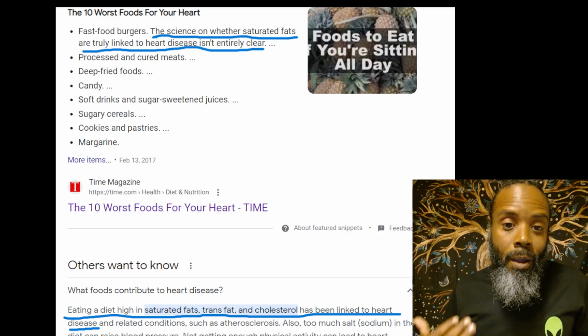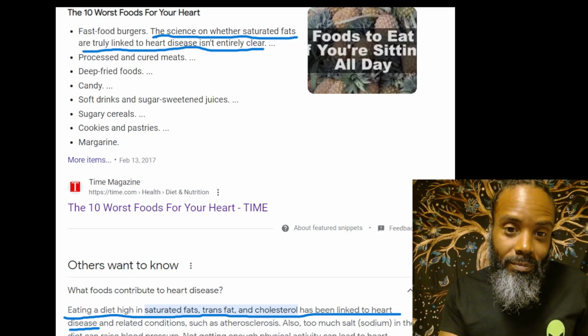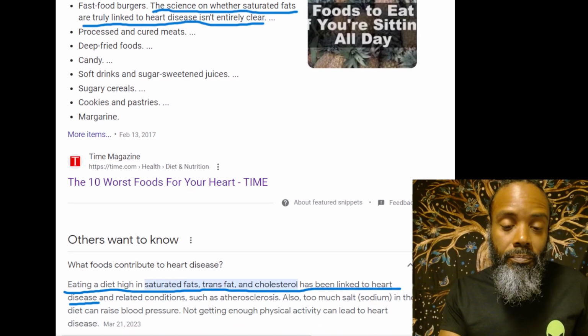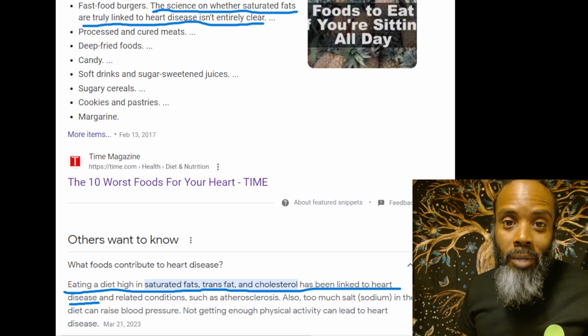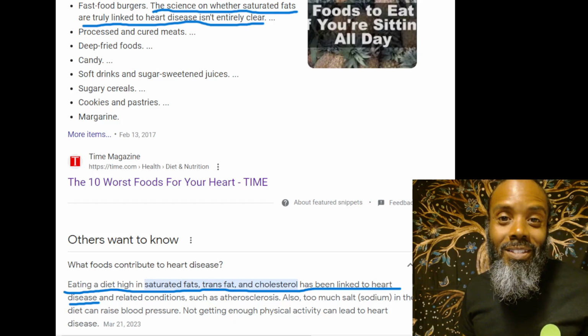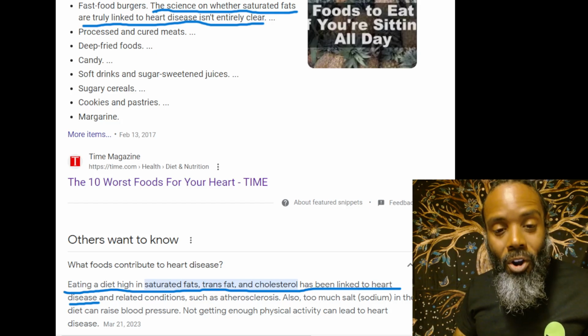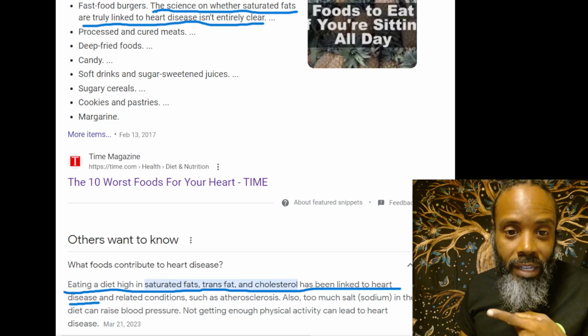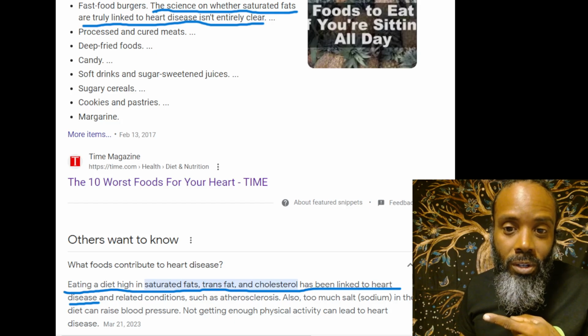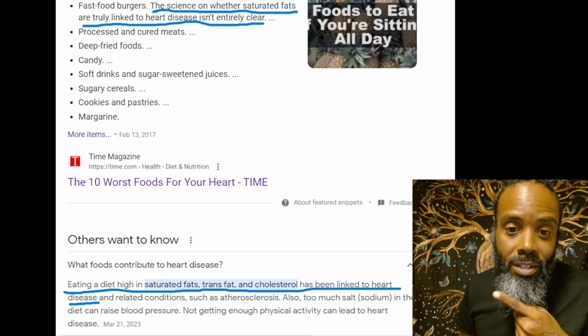Let's move right along. If you skip to the bottom, which I feel like I've already proved, this is where they're talking about the science being unclear on whether saturated fats are linked to heart disease. To further add to that, looking at the bottom, eating a diet high in saturated fats, trans fats, and cholesterol has been linked to heart disease and related conditions.